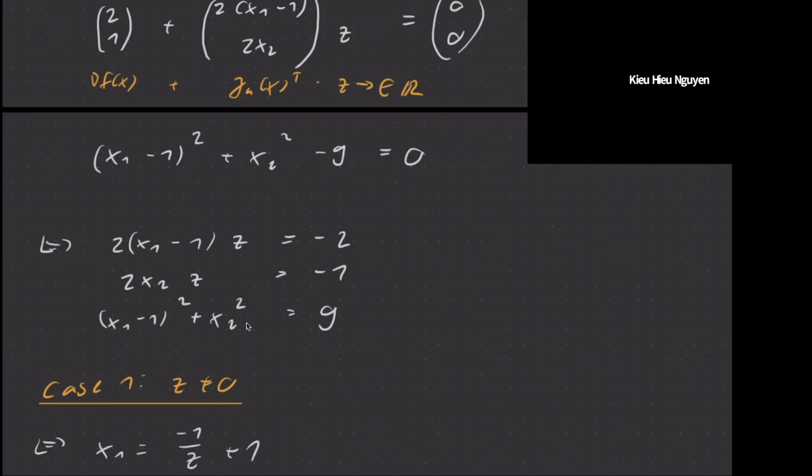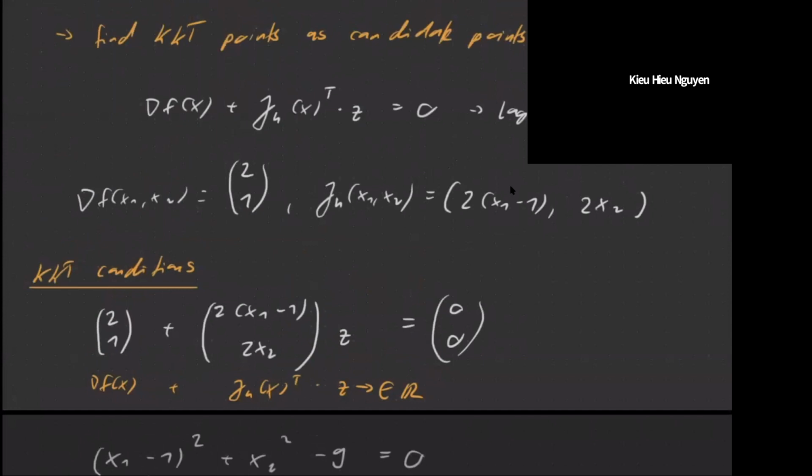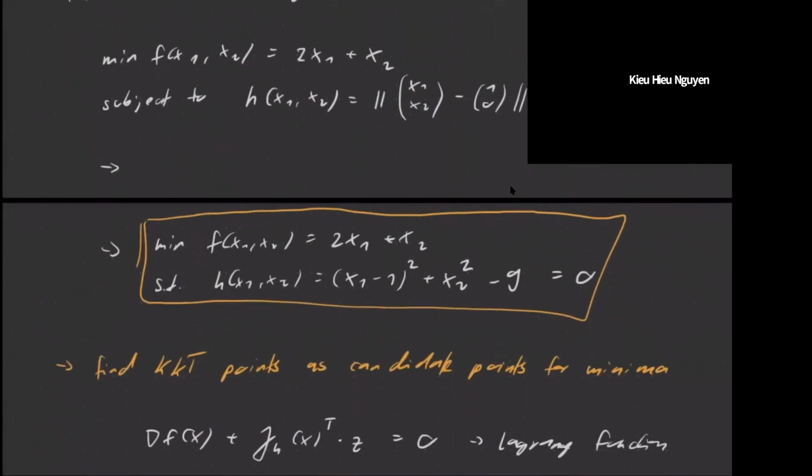Yes, and the second question. So in the constraint function h, why wouldn't we take the square? So basically, for the function h, the function for the distance, it is the norm equal to 3.